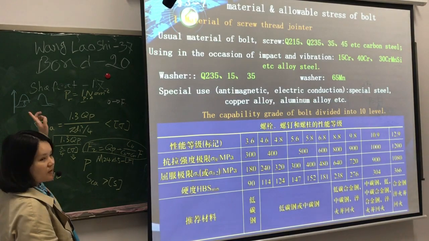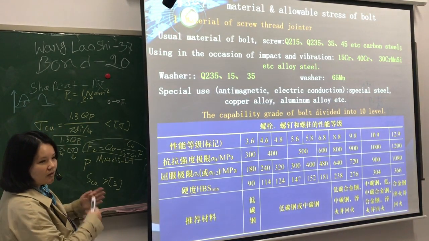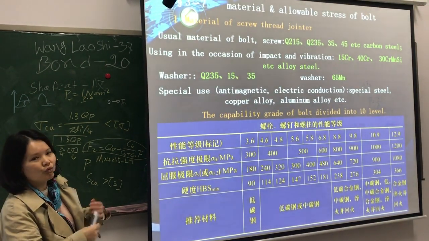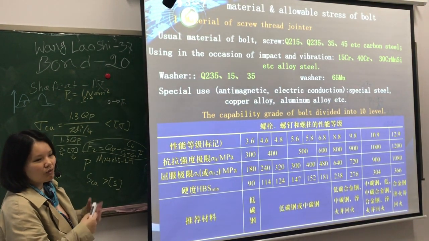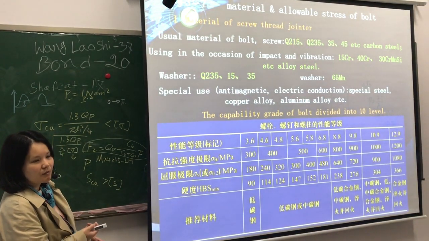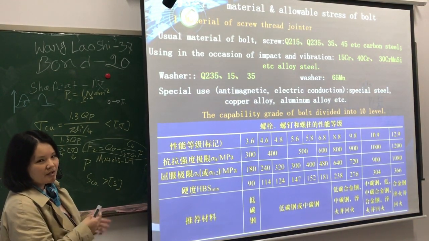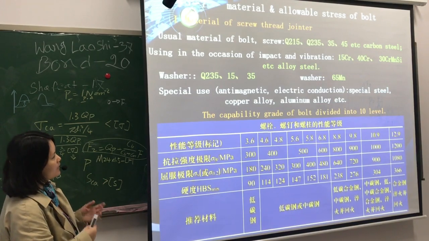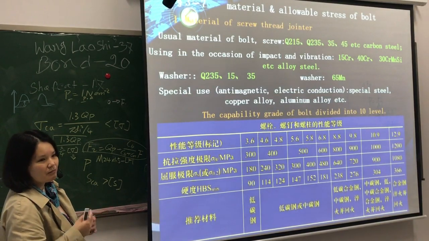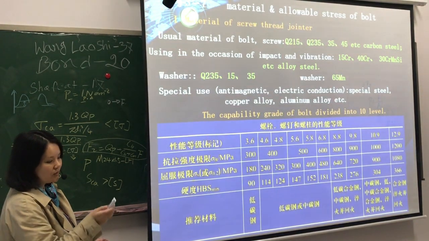So we can use the table to choose the standard screw thread, coarse thread or fine thread. We also can choose the pitch P and the major diameter.